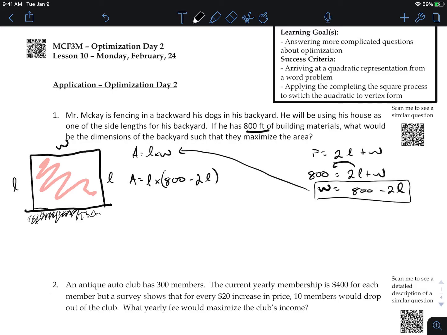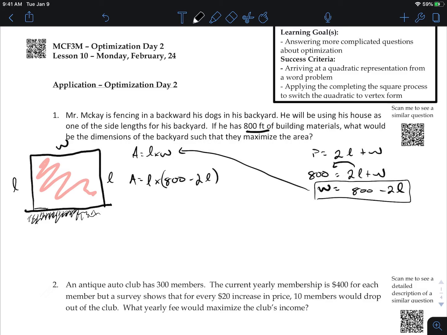I'm just going to plug in a length and I could get any value of area. It's just like a function machine, like function notation: I could plug in lengths and get out areas. It's not any specific area.